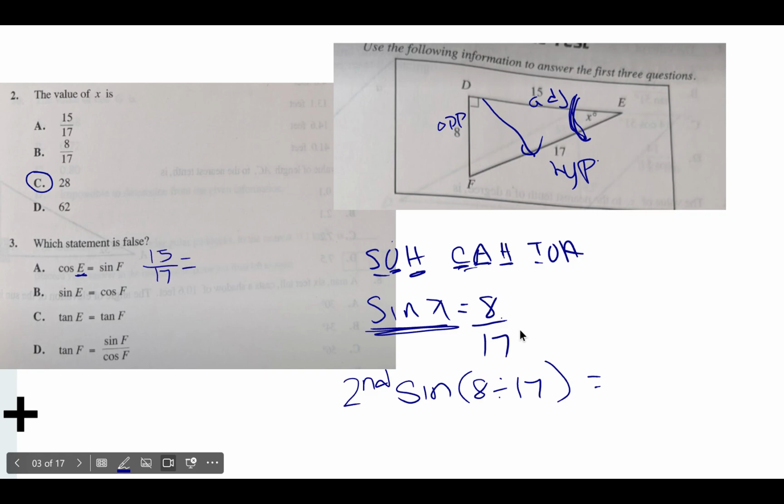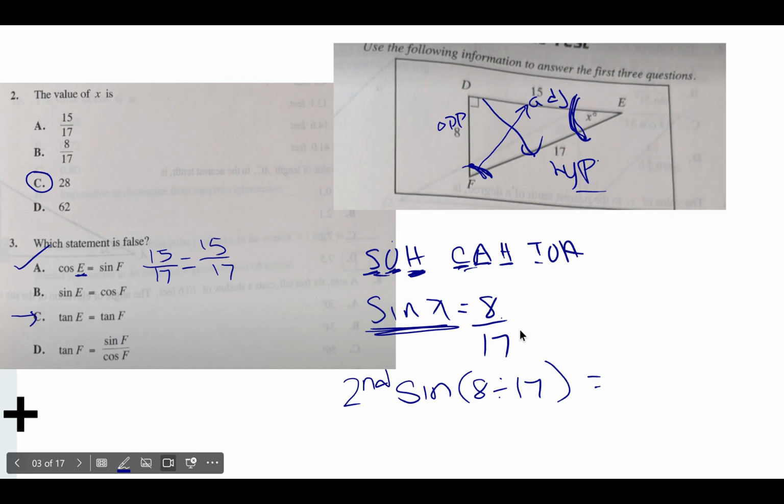And we want to know if that will equal the sine of F. If I start from F and I'm looking at sine, it's opposite over hypotenuse. So opposite to F is the value 15, and we're still going over 17 here because that's the hypotenuse. So this one is true, but it's not asking that. It's asking which one is false. So I'm just going to skip to the answer because I know it. And the answer is C.